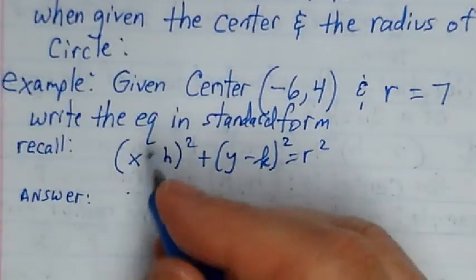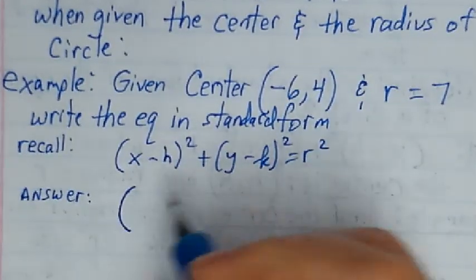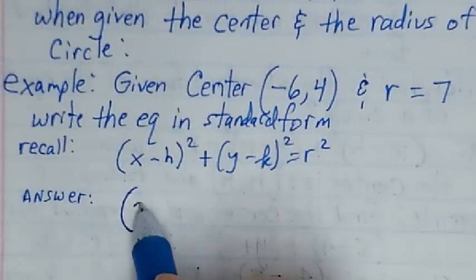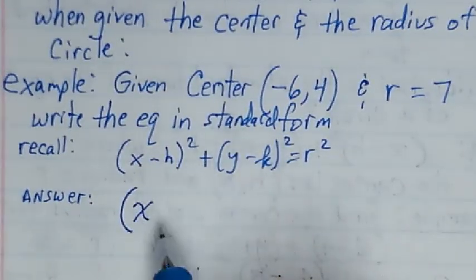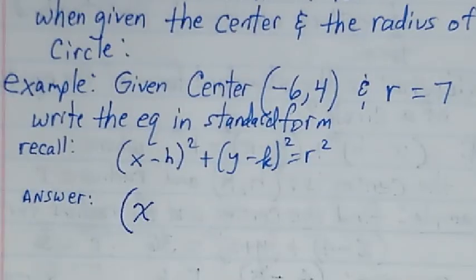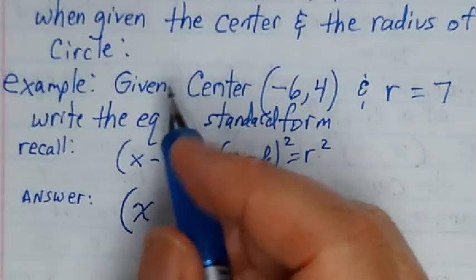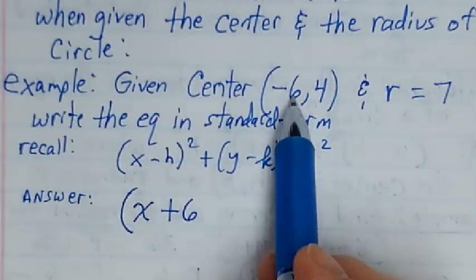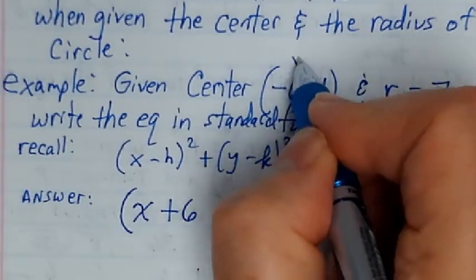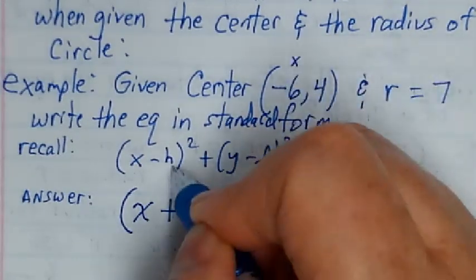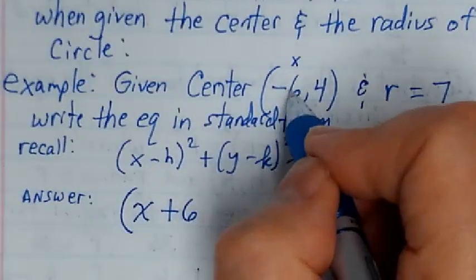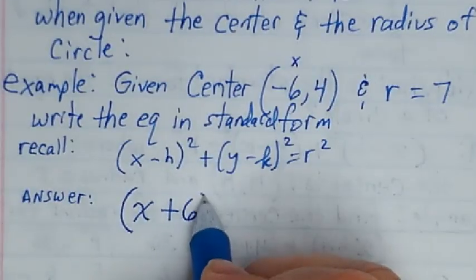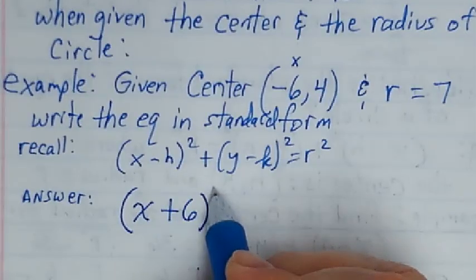Remember, in the first parenthesis goes an x. And did anyone know what comes after the x? Sam, you had your hand. What'd you put? Yes. Because the value that's in the x position is a negative 6. That's actually your h value. They want the opposite of h. So if h is negative 6, then you put plus 6. Close the parenthesis, and what do I put? Squared, the 2. Then I put open parenthesis.